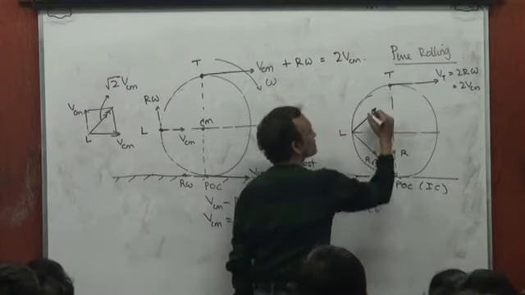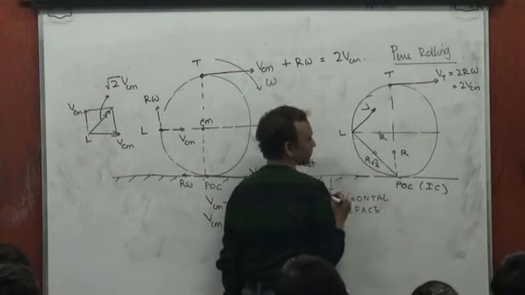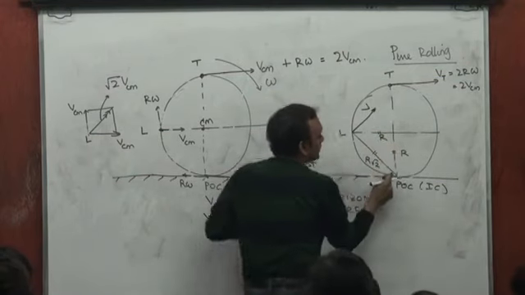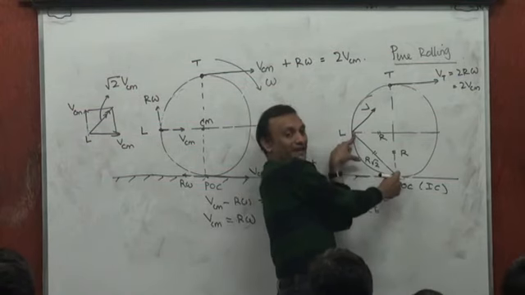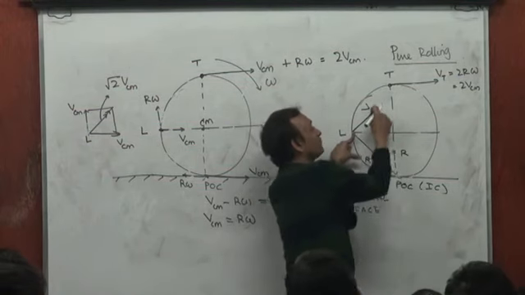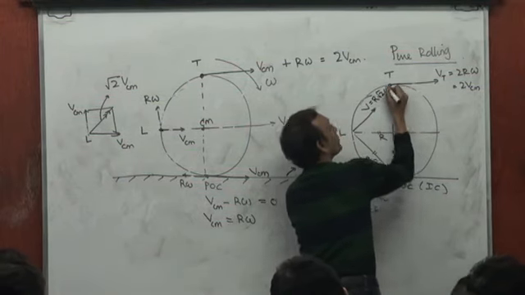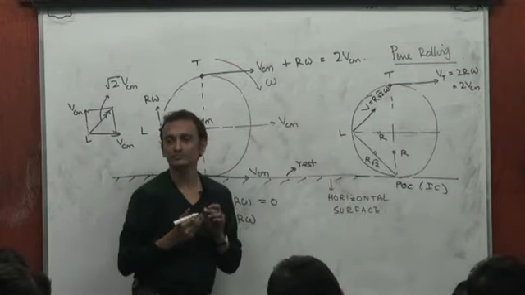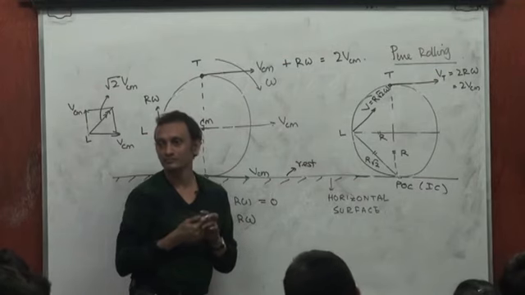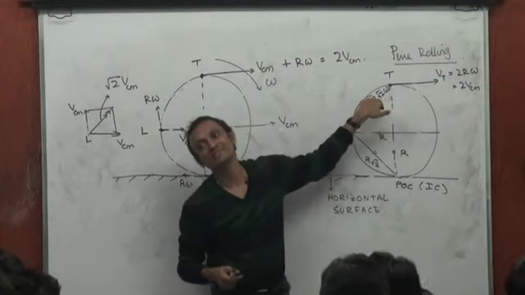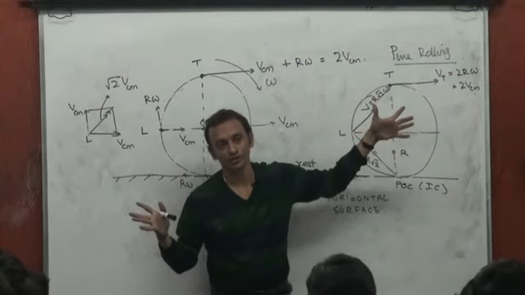So its velocity v will be perpendicular to this line, and it would be r root 2 times omega. Since r omega is VCM, it is root 2 times VCM, and so on and so forth. Got me?